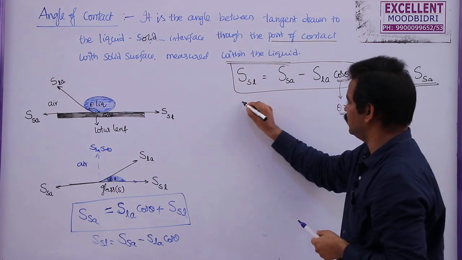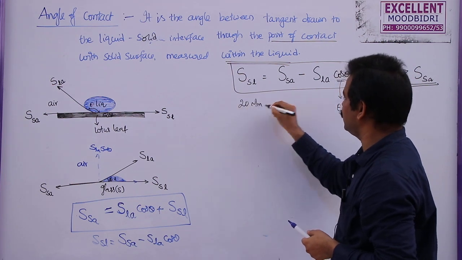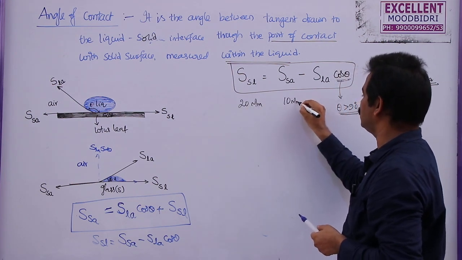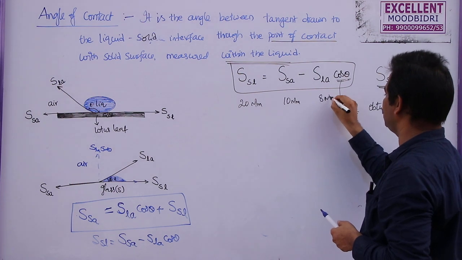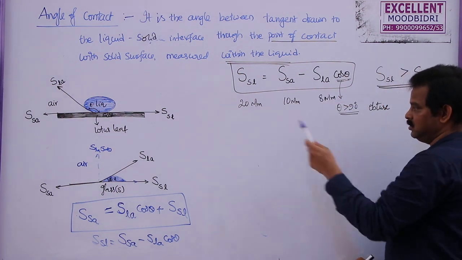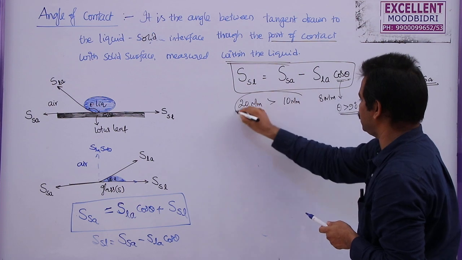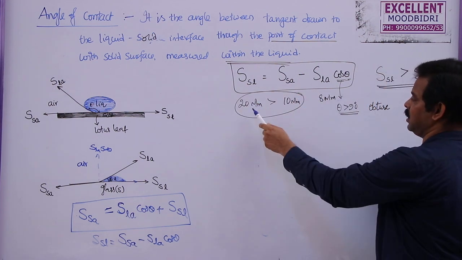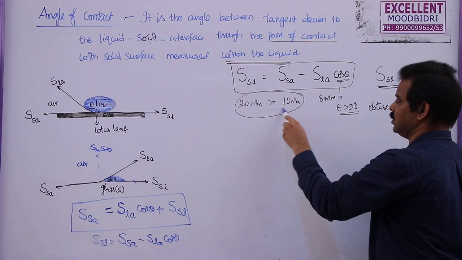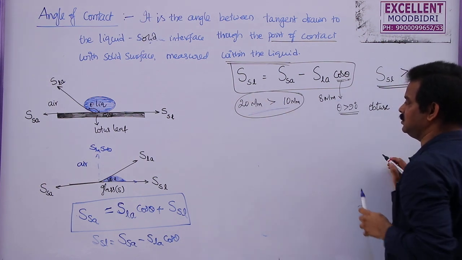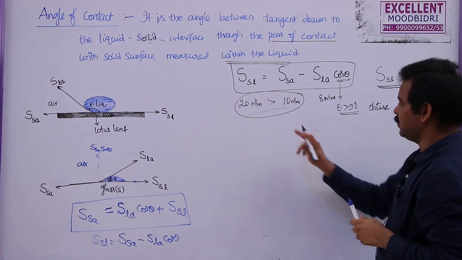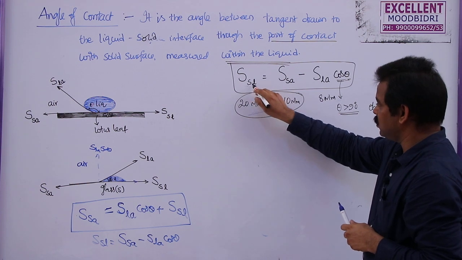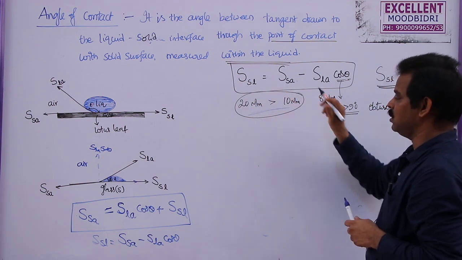Let us say this is 20 newton per meter, this is 10 newton per meter, this is 8 newton per meter. In this case, 20 is greater than 10, and the sum of these two is greater than this. If S_SL is greater than S_SA, then what happens? The surface tension between solid and liquid is greater than the surface tension between solid and air.